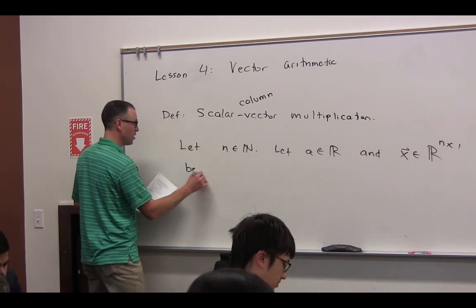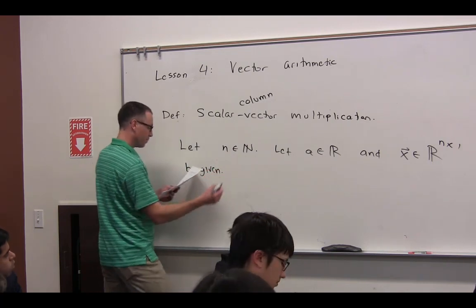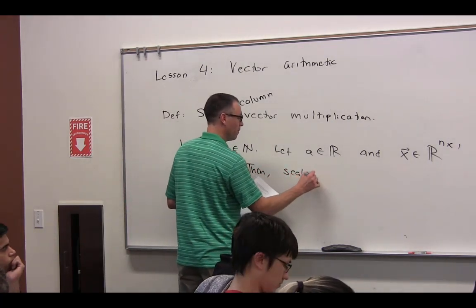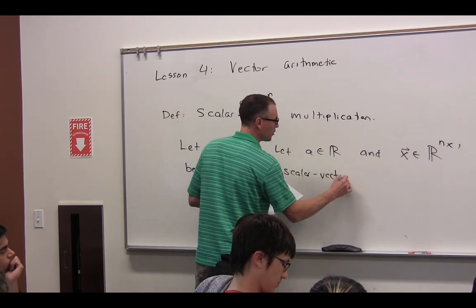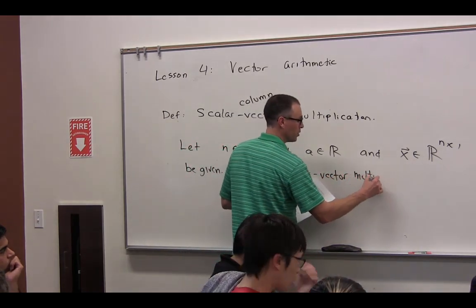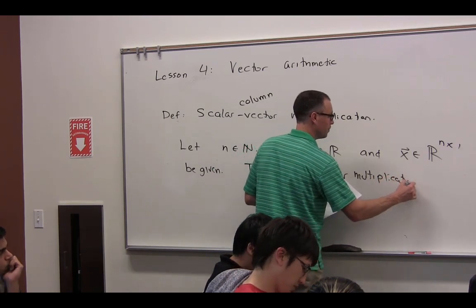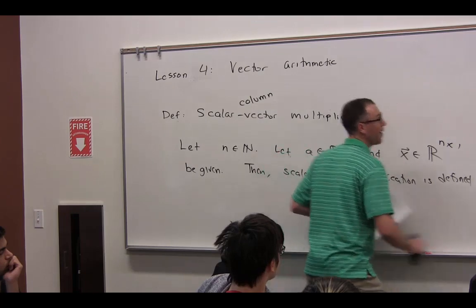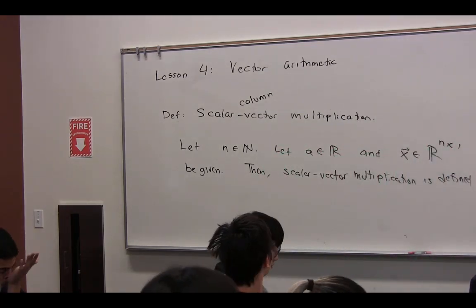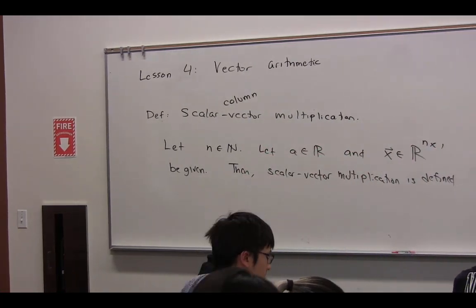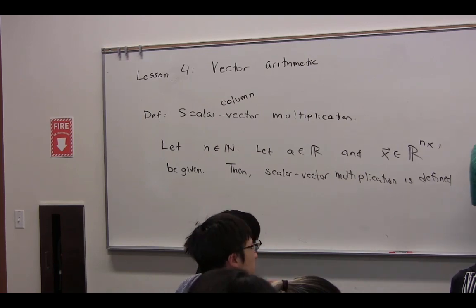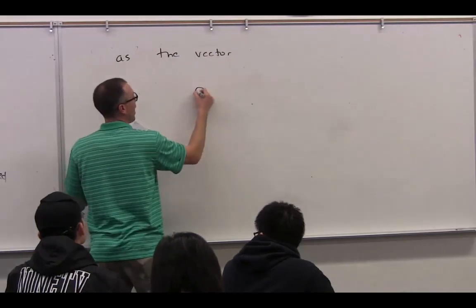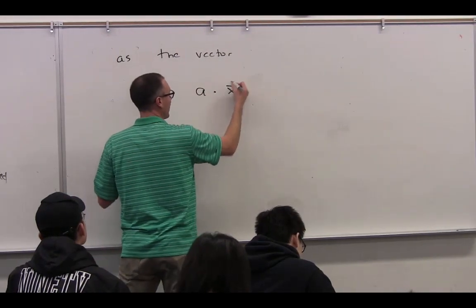And let's suppose that these are given. Then, scalar column vector multiplication is defined, and then I think I remembered this time not to go below the line, as the vector a times x.